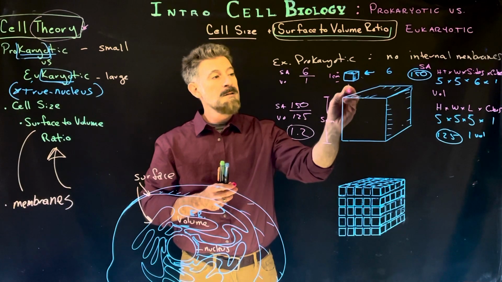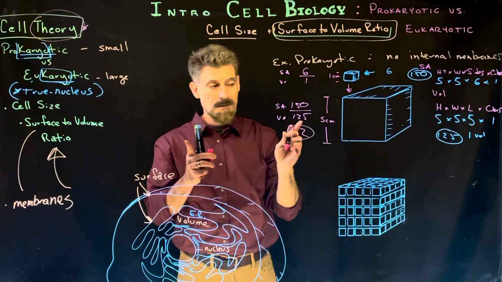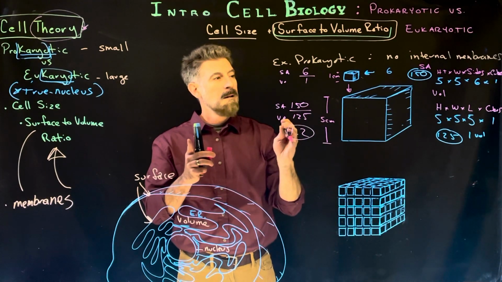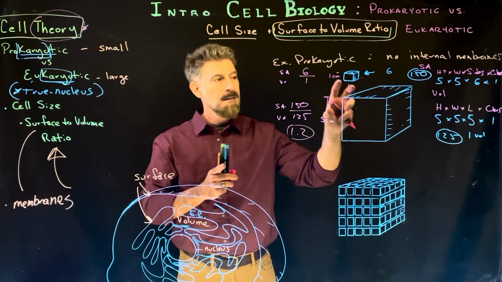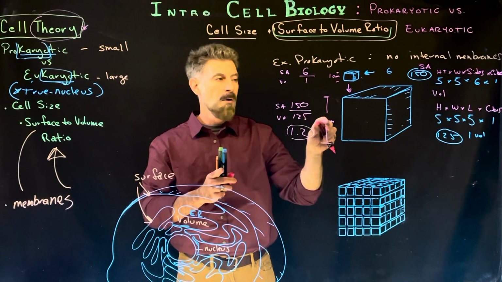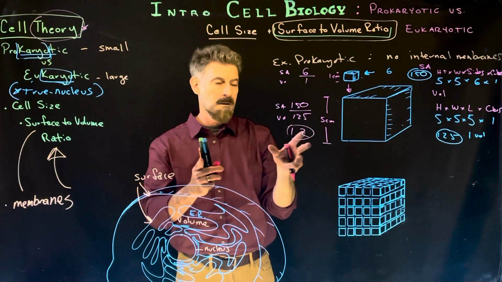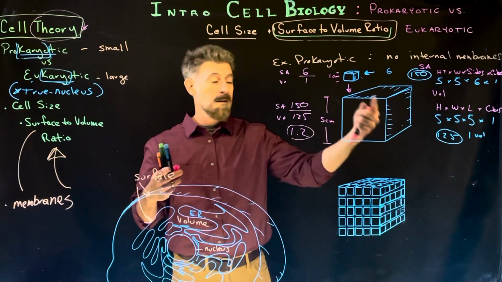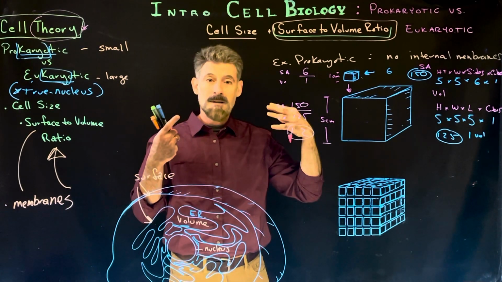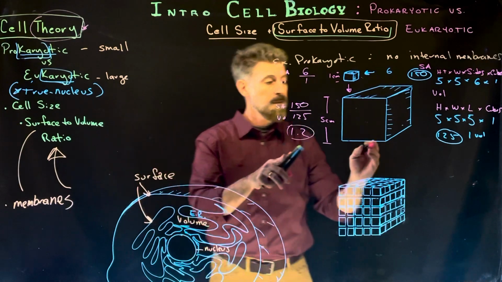And if this cell simply got larger, what it tells us is that it's still not a proportionate 6 to 1, right? Now the surface area and the volume are similar, which means the volume has gotten larger and the surface area has gotten larger, but they haven't increased at the same rate. So this is an important thing.